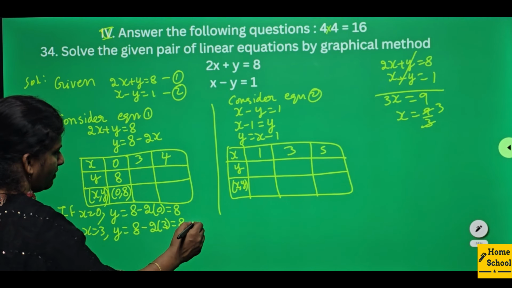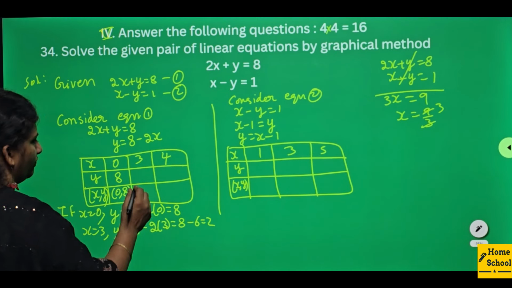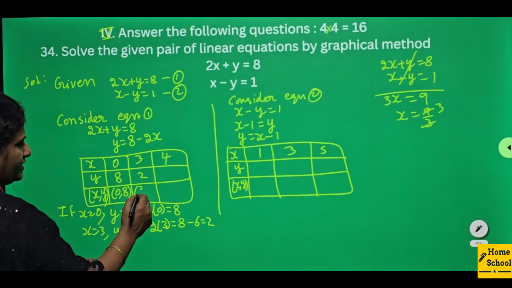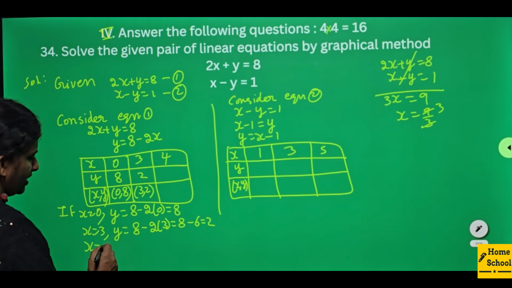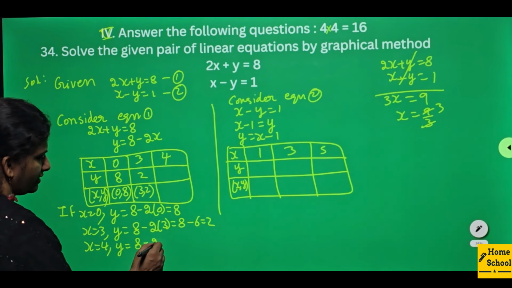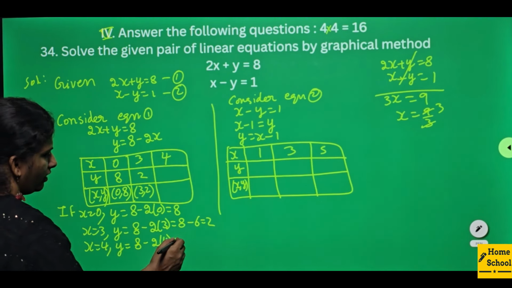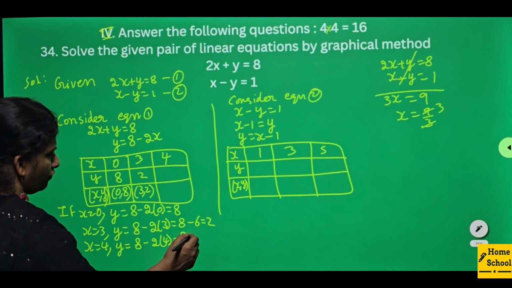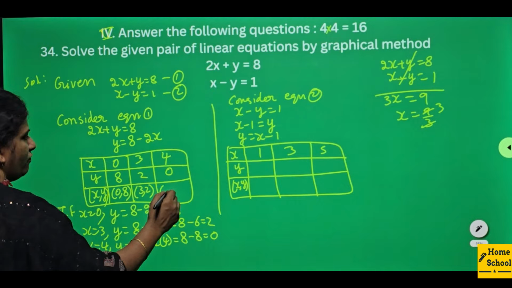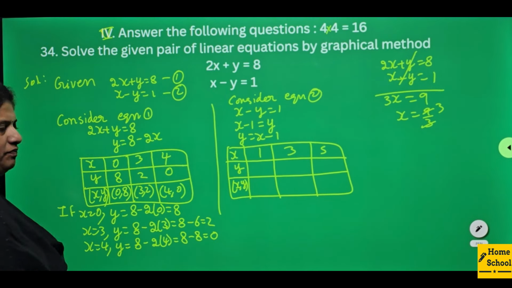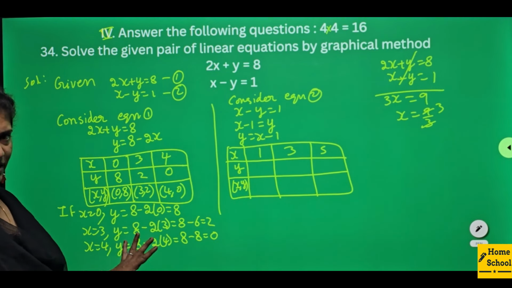That is 8 minus 6 equal to 2. Therefore, the coordinate is 3, 2. Now if x is equal to 4, y is equal to 8 minus 2 into 4. 8 minus 2 fours are 8, 8 minus 8 is 0. That is 4, 0. First equation table is completed.